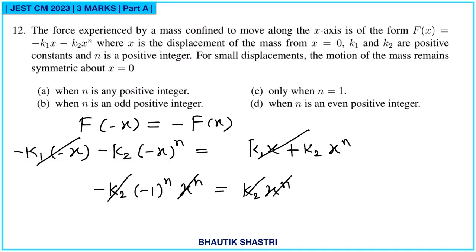So k2 and x^n will cancel. So (-1)^n should be equal to -1. That means n is odd. So here option B is correct when n is an odd positive integer.